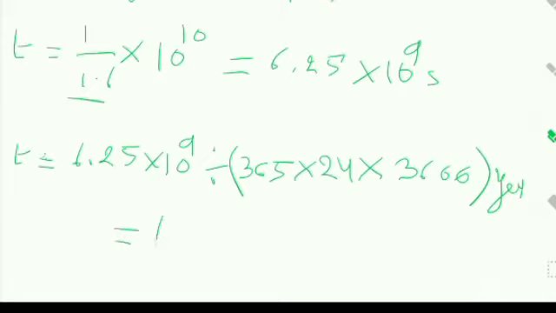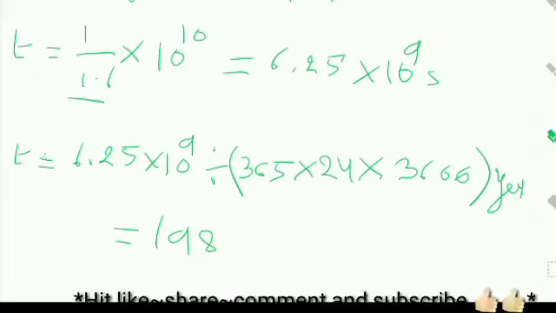Solving this equation, 198 years are required.